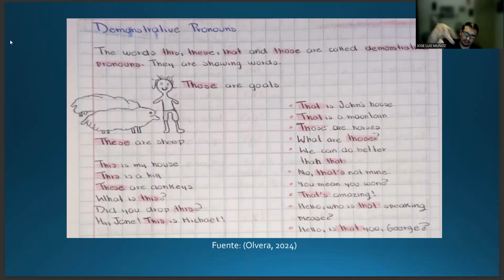Then down on the left side, we have this is my house. This is a hill. What is this? Did you drop this? Hi, Jane. This is Michael. That is John's house. There is a mountain. Those are horses. What are those?